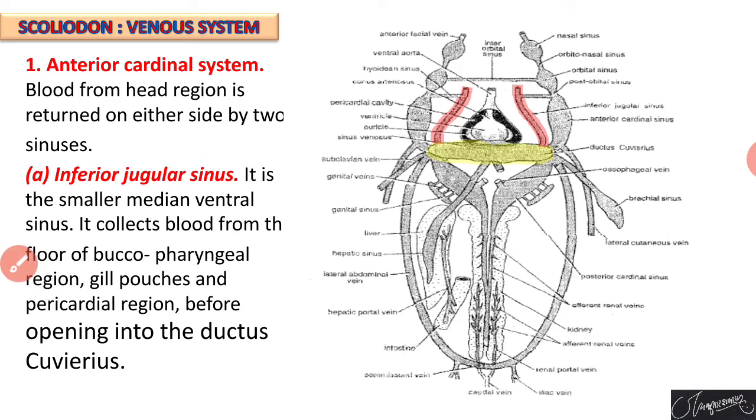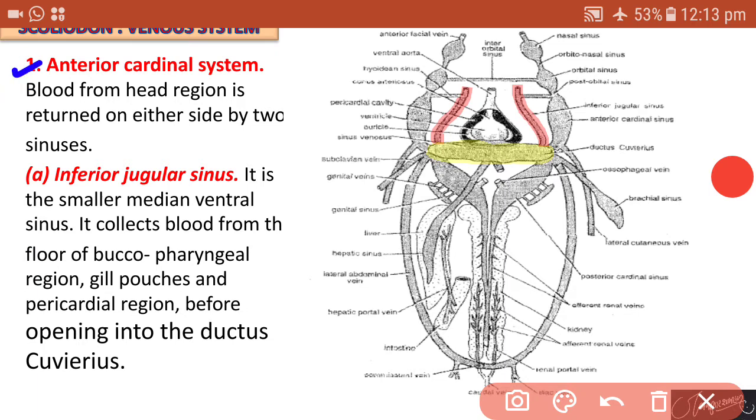As per the name, the anterior cardinal system collects blood from the anterior side of the body, particularly from the head region. The blood collected by a particular type of veins forms a system, and the system is called the anterior cardinal system.